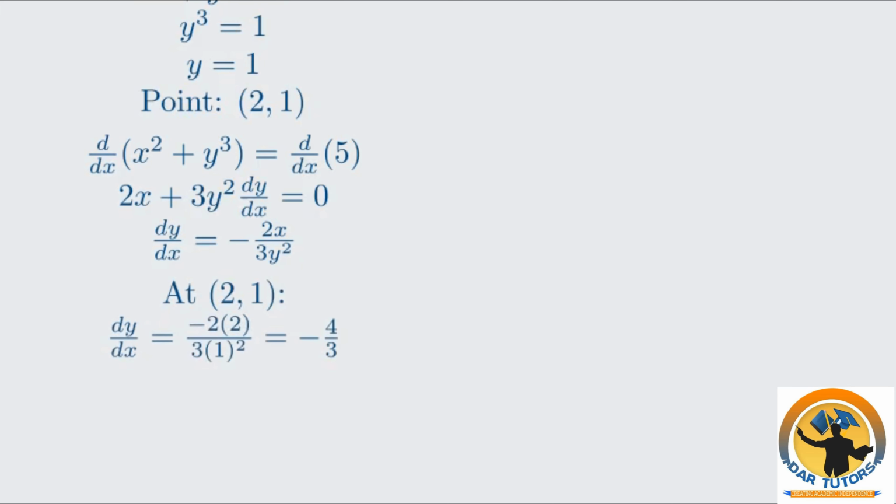The gradient is negative 2 times 2 divided by 3 times 1 squared, which equals negative 4 over 3. So, the gradient of the tangent at the point (2, 1) is negative 4/3. Visually, you can see the curve x squared plus y cubed equals 5, the point (2, 1), and the tangent line with a gradient of negative 4/3.